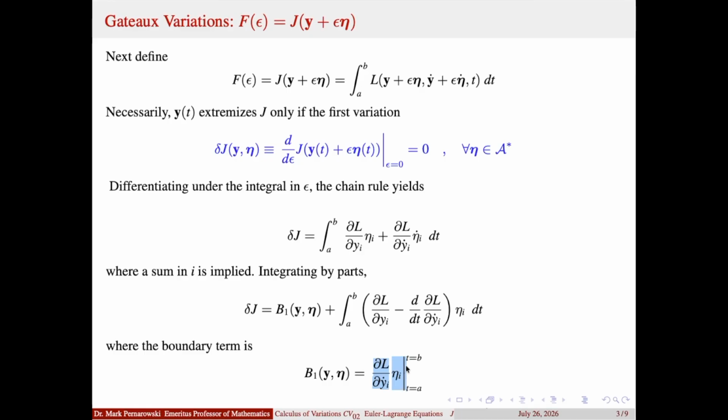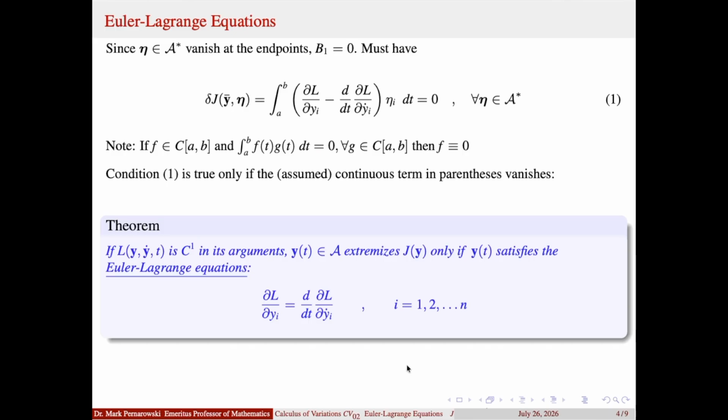So it's because of that I get this next expression. Since eta vanishes at the endpoints, the boundary term really is just 0. So I'm left with the first variation of J at y in the direction of eta is equal to something, in parentheses, times eta i.